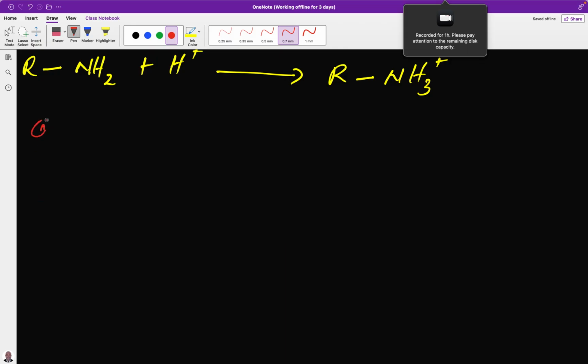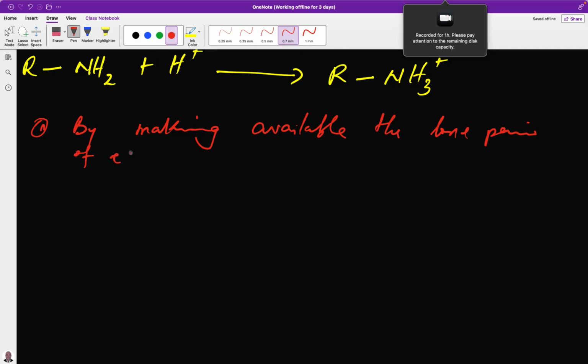One, by making available the lone pair of electrons on the nitrogen atom to bond with hydrogen ion.